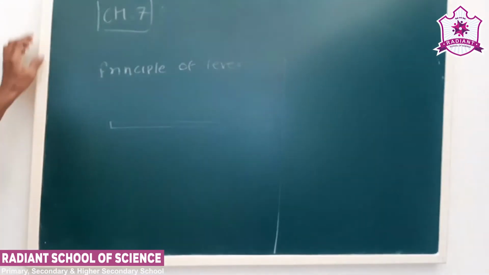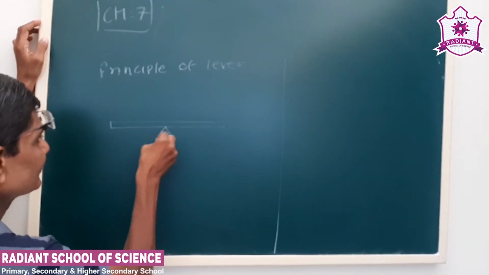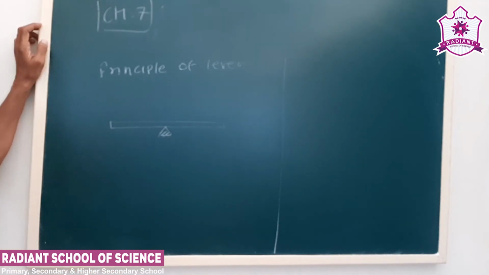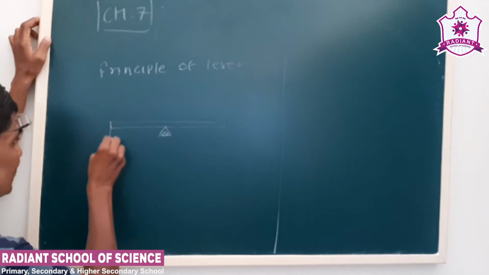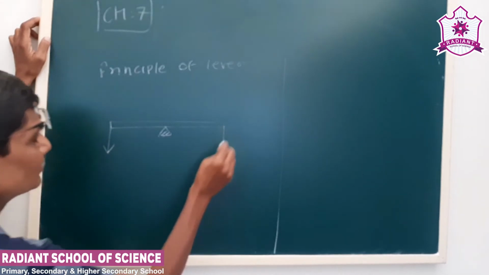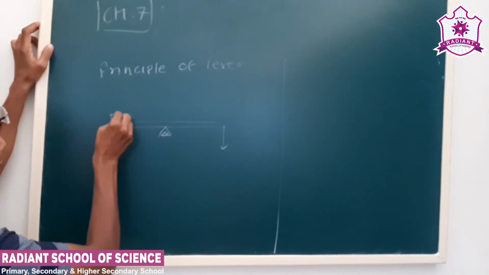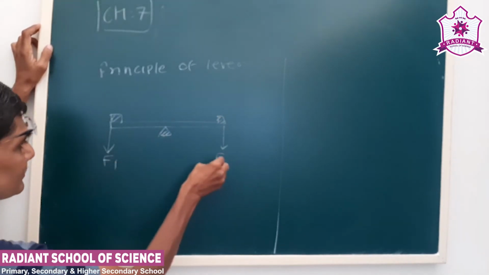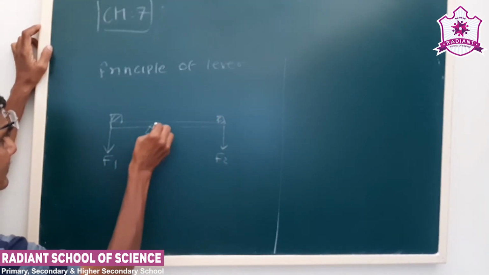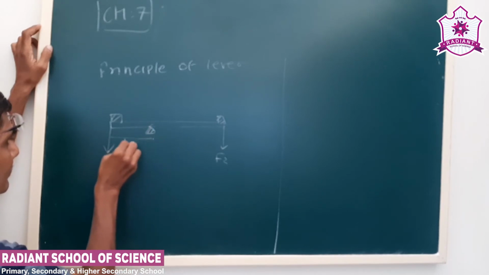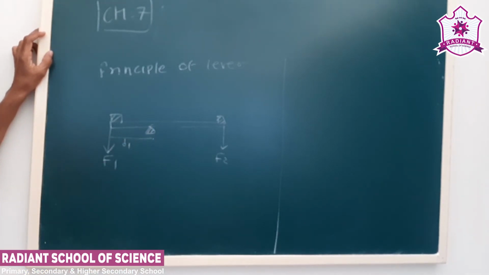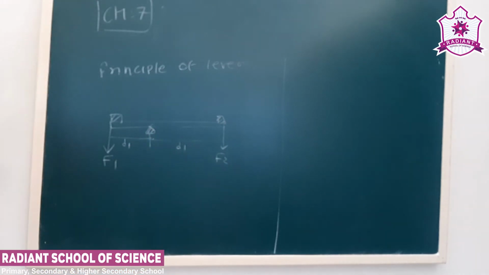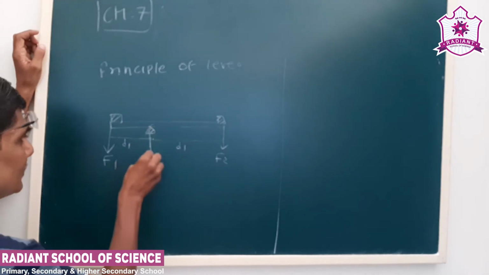Now see, a lever is like this, with the fulcrum. Suppose I place two objects like this, so there will be forces F1 and F2. One arm is called the force arm and the other the effort arm. Let us say D1 and D2 are the distances from the fulcrum. This is the fulcrum.